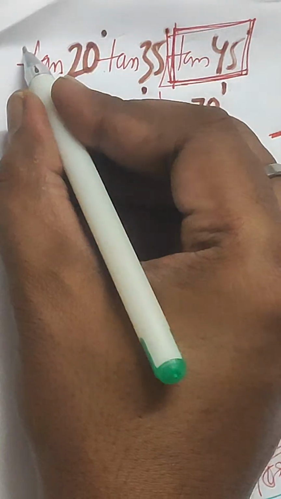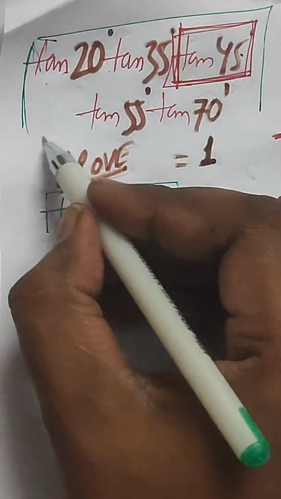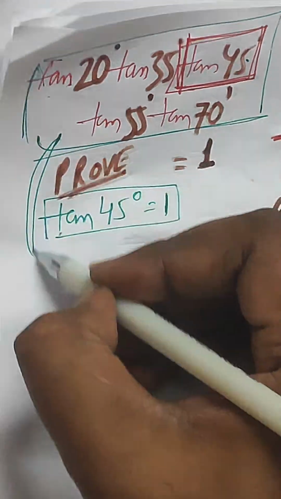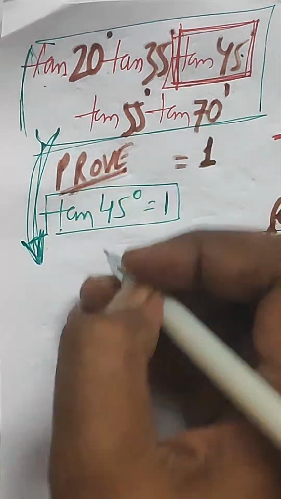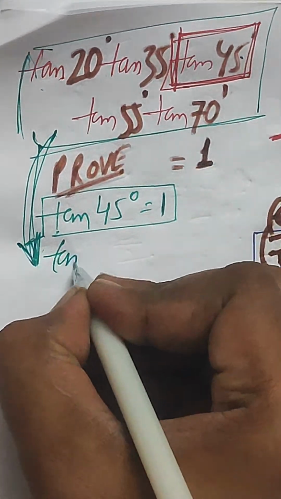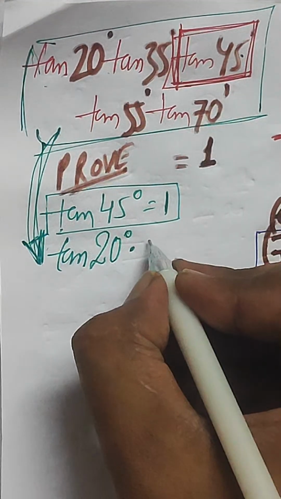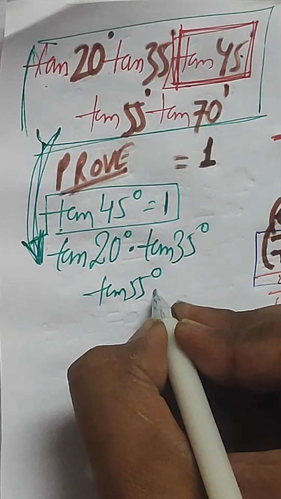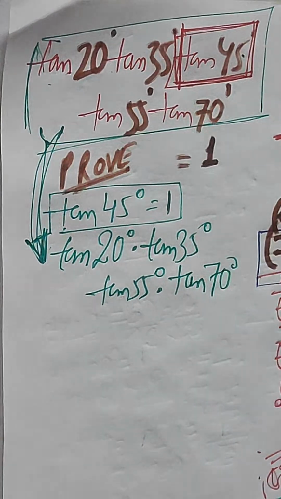So when you put the value of tan 45 as 1, the above LHS will look like this. How? Tan of 20 degrees, then tan of 35 degrees, then tan of 55 degrees, then tan of 70 degrees, isn't it?